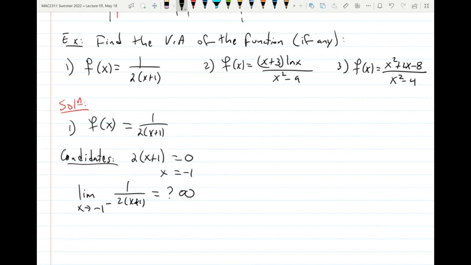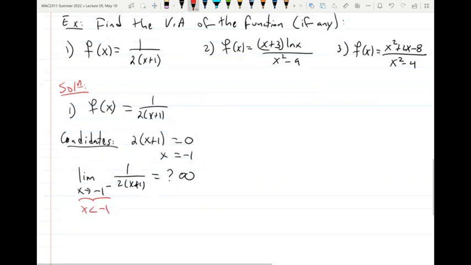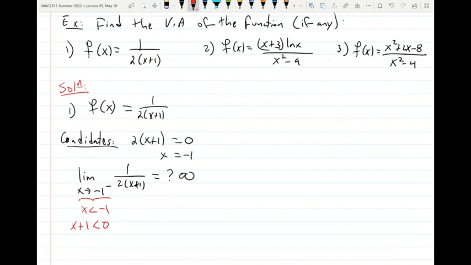To know what type of infinity this is, we need to know the sign of this denominator, right? And to know the sign of this denominator, we need to know the sign of x plus 1, because 2 is positive. So what do we know about x plus 1? The information is here: x approaches -1 from the left. So what does this tell you about x? Is it less or bigger than -1? So x is less than -1, which means that if I move the -1 over, x plus 1 is less than 0, right?